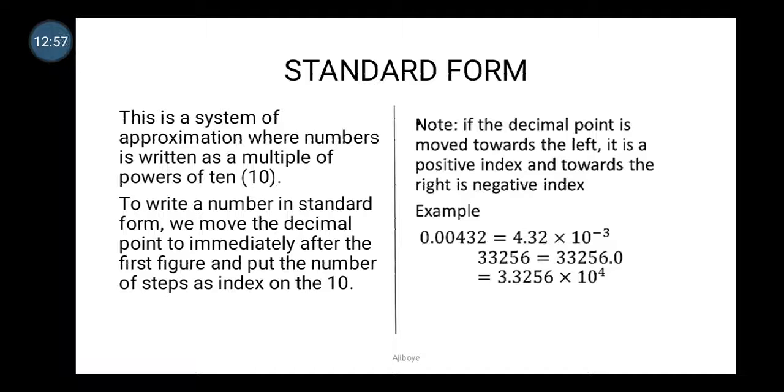You move the decimal point towards the left, and in how many steps? 1, 2, 3, 4. In 4 steps. Because it is moved towards the left, it becomes a positive index 4 on the 10. So therefore, 33256 is now equal to 3.3256 times 10 raised to power 4 in standard form.